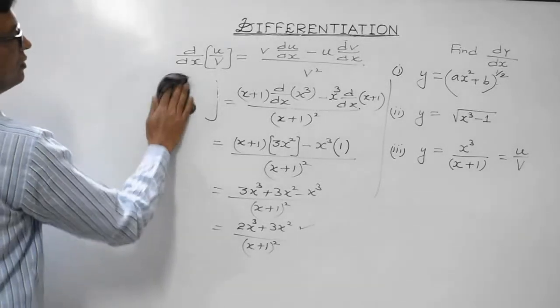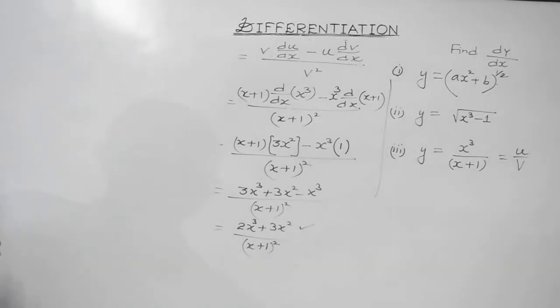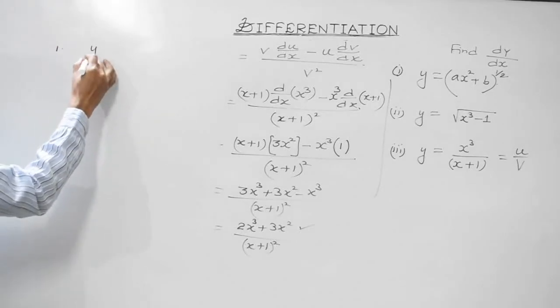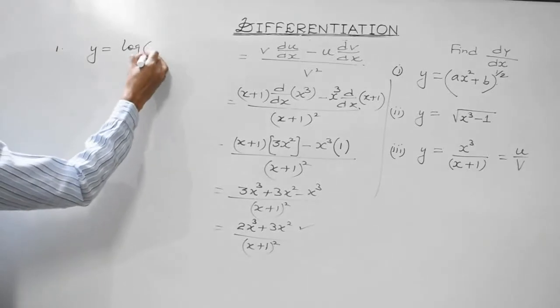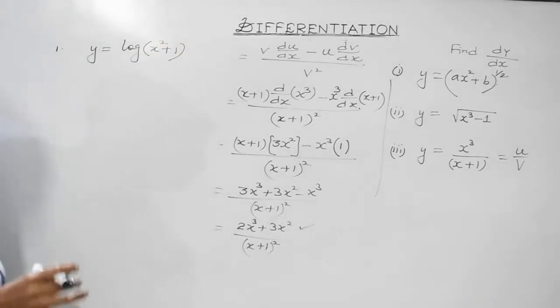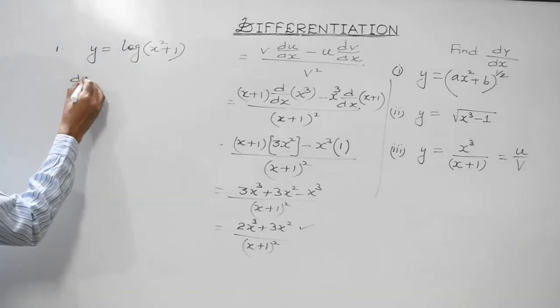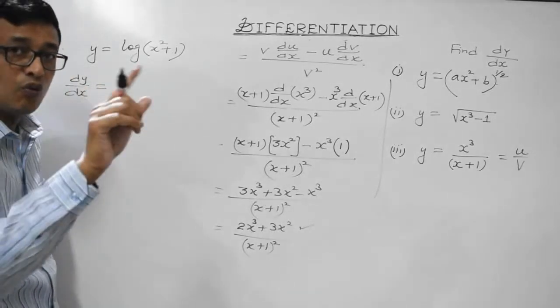We can consider, let us consider, suppose y is equal to log of x square plus 1. Just now we have discussed differentiation of log x is 1 by x. So, remember students, differentiation of log x is 1 by x.